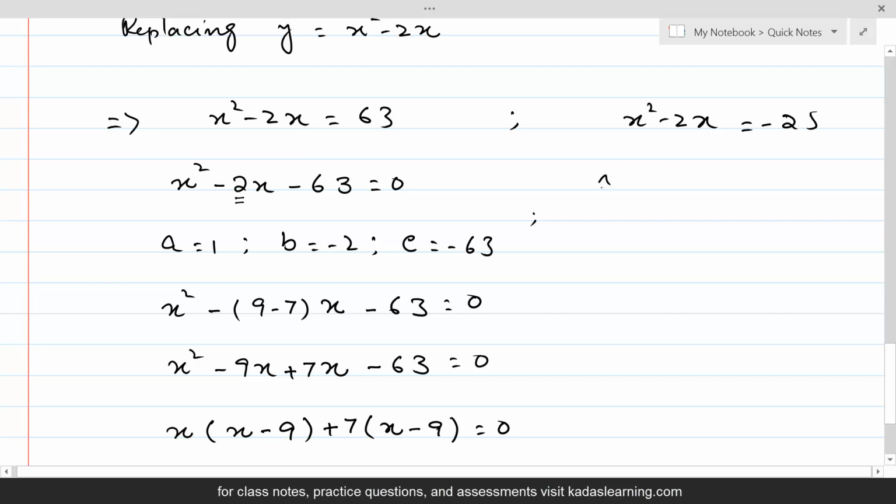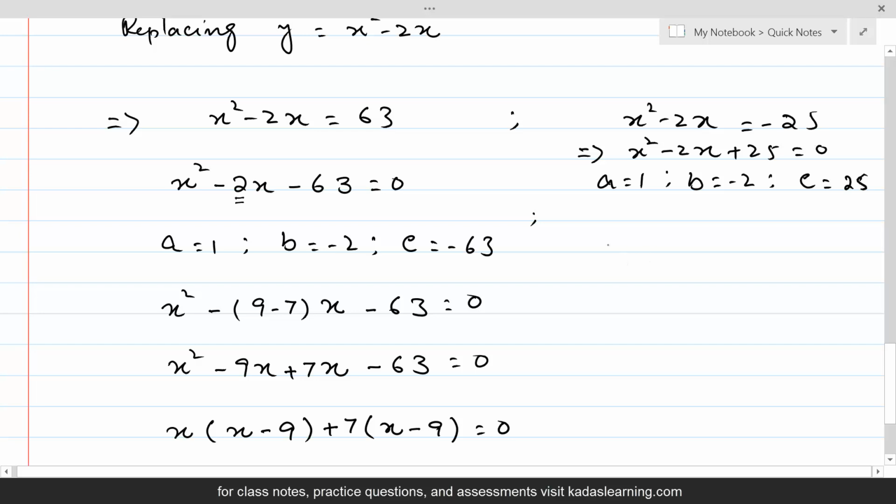And here a is equal to 1, b is equal to minus 2, and c will be equal to plus 25, because minus 25 is still on the other side. So we should in fact write it x squared minus 2x plus 25 equal to 0 before finding the values of a, b and c.